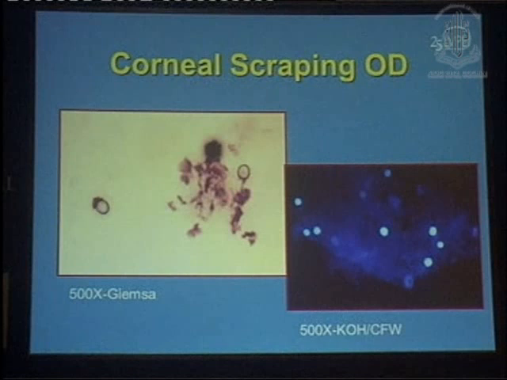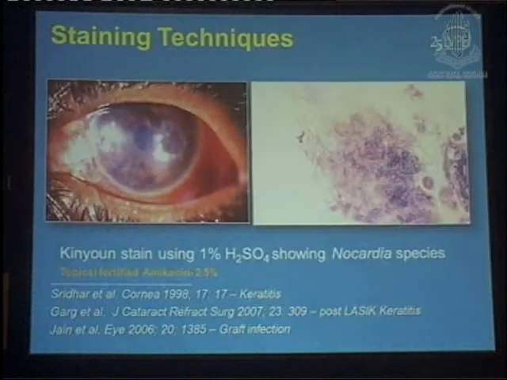Similarly, Nocardia, which has red filaments, you can see here, just by staining, the same gram stain where you could not see any organisms. One can do the 1% acid fast stain. If you clinically suspect it because of this pathognomonic feature where you have white beads at the edges of the ulcer, these have also been described in the literature.